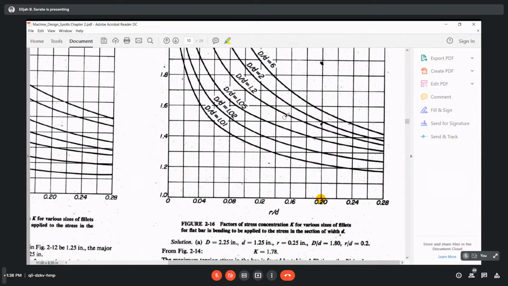Since 1.2 is here and this is 2, you approximate it here. It is closer to 2 than 1.2, so probably it is somewhere here, close to 1.5.